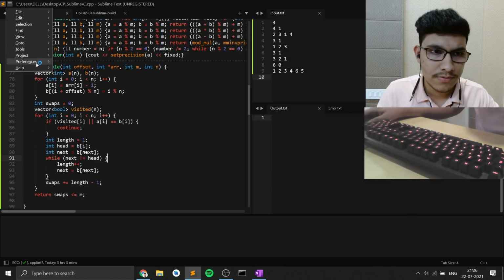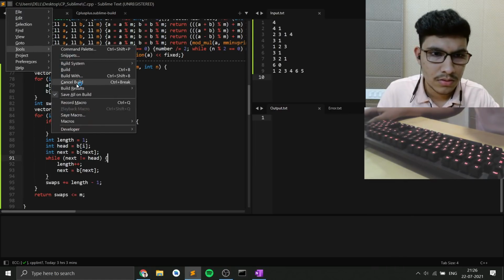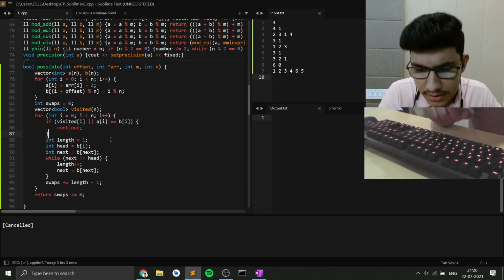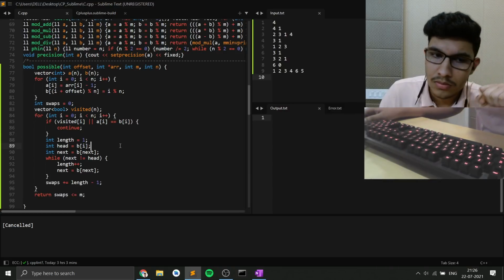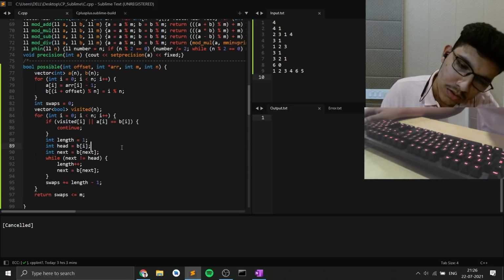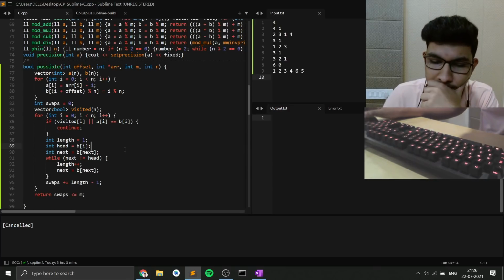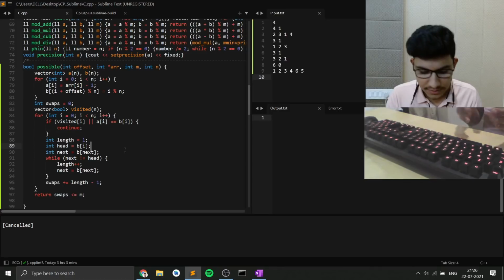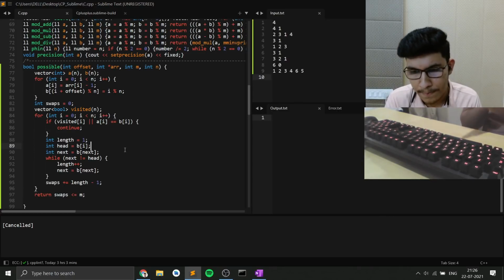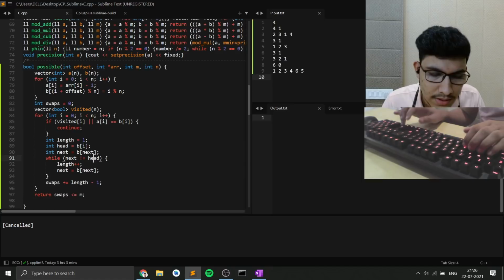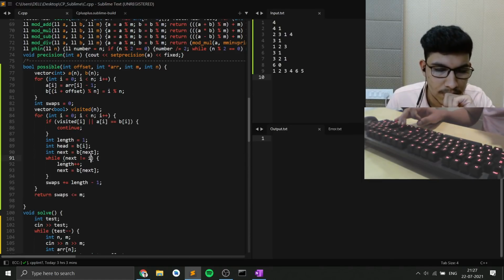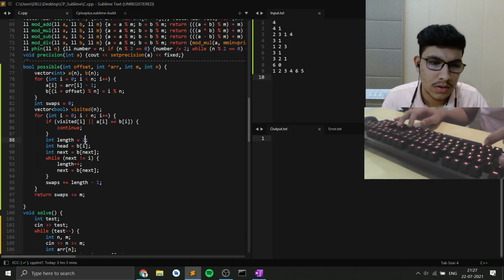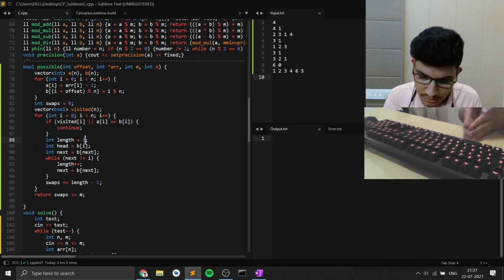Okay, I think there is an infinite loop here. Right. So if we are on 1, it actually needs to go to that place, right? So if we find that we are at 2, then we need to, okay, next is not equal to I. So head equals to B at I. This is where we are standing.